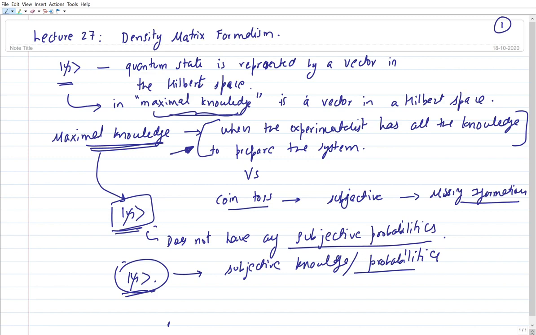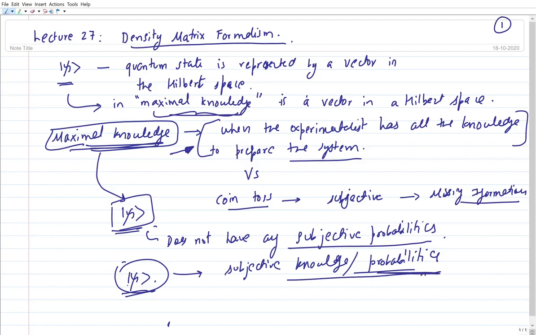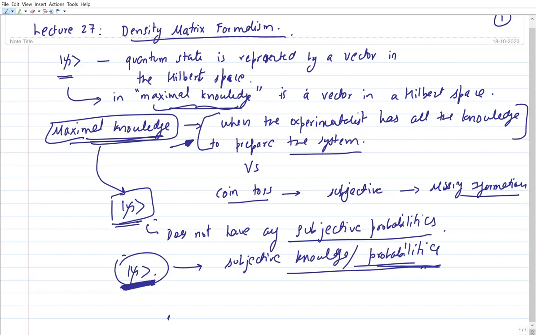Now, the experiments can be in a state of maximal knowledge, that means the experimentalist has complete knowledge of how to prepare the system, or there can be some coin tosses in the experiment, who's to say. So, density matrix formalism is a way to combine the subjective probabilities like a coin toss along with the essential information which a quantum state carries.